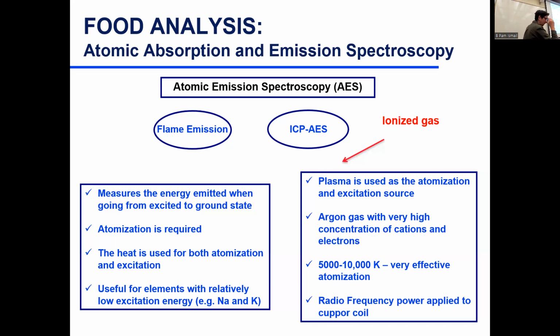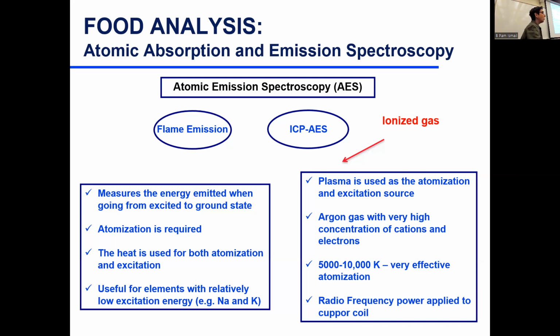So in ICP, if you get a question, what's the difference between AA and ICP? In ICP, you don't have a source of light. Your plasma is the source of atomization and excitation. So here, the plasma atomizes.